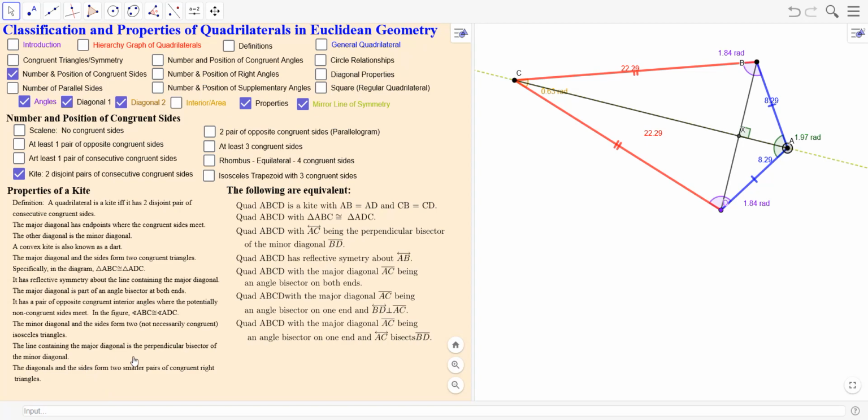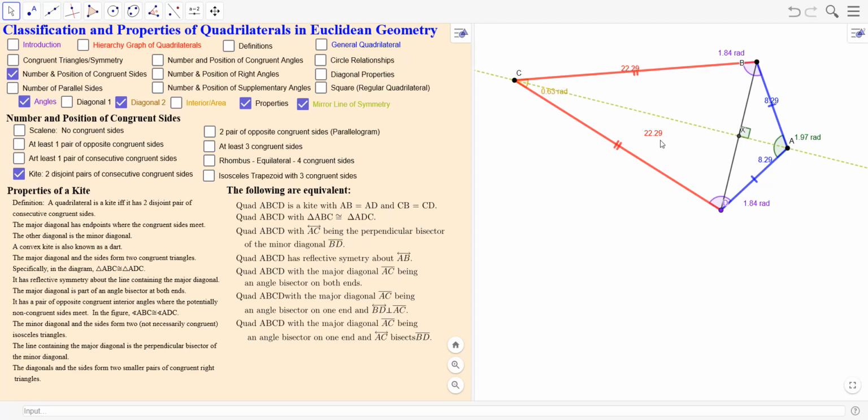The minor diagonal and sides form two isosceles triangles, one there and one there, not necessarily congruent. They might be congruent, but not necessarily. The line containing the major diagonal is the perpendicular bisector of the minor diagonal. The diagonals and sides form two pairs of congruent right triangles.